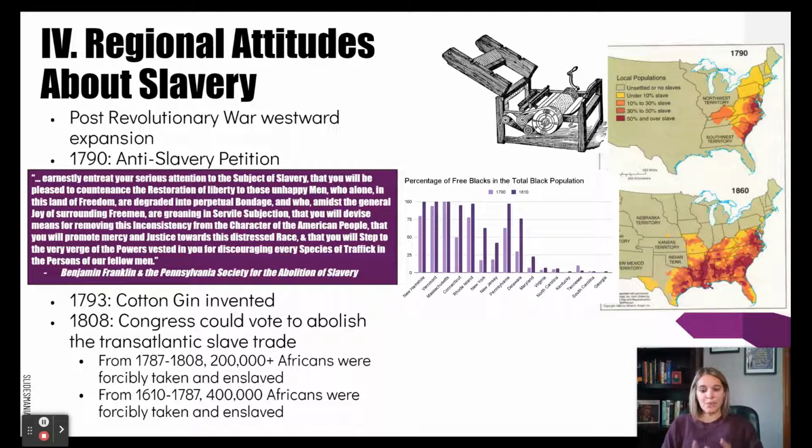However, as you can see, between 1787 and 1808, 200,000 Africans were forcibly taken and enslaved. And in the almost 180 years prior to that, 400,000 Africans were forcibly taken and enslaved. So in that period of 21 years, the importation of Africans into America grew at a rapid pace.